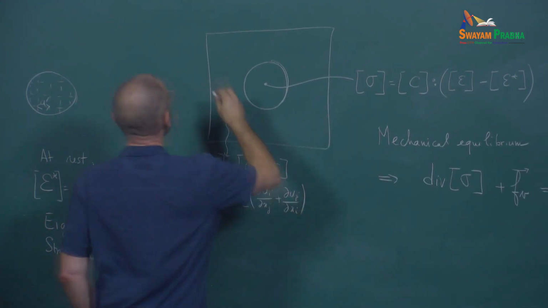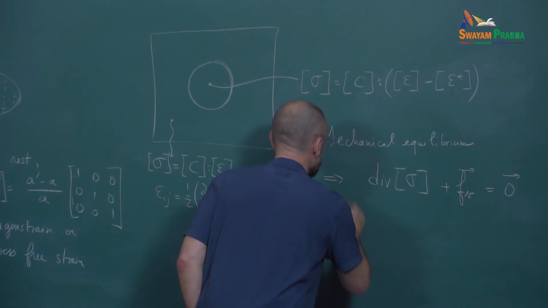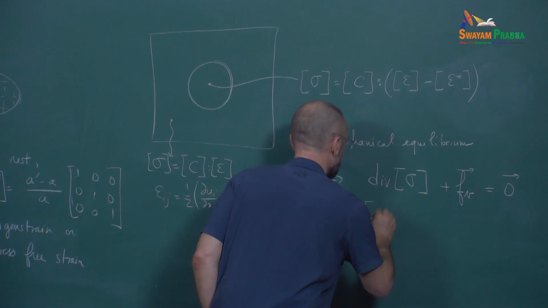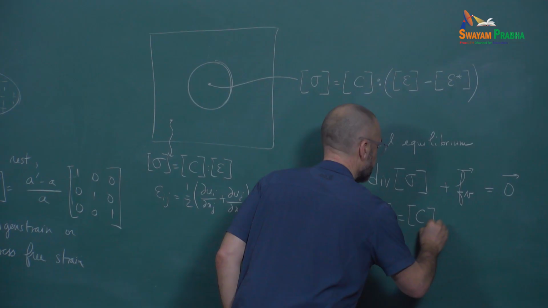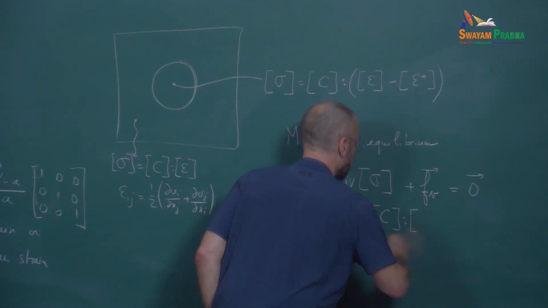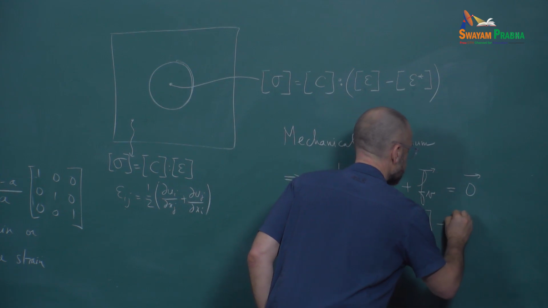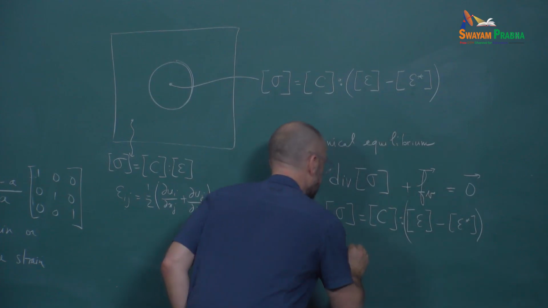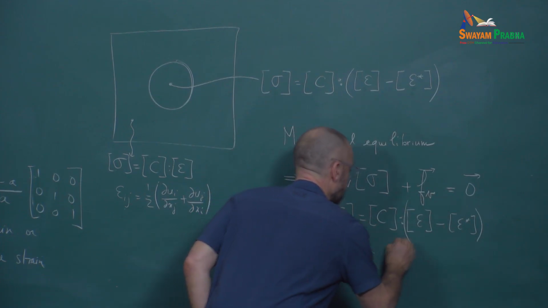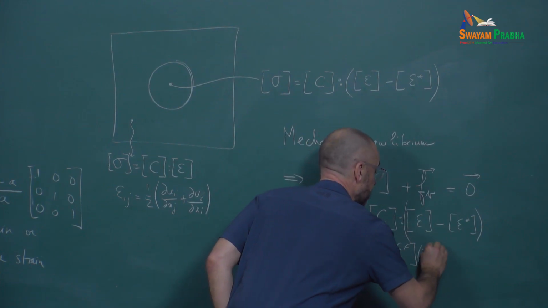Yes? So what I can define generally is sigma, the stress tensor, as the elastic constants C double contracted with epsilon minus epsilon star, where epsilon star is a function of space.